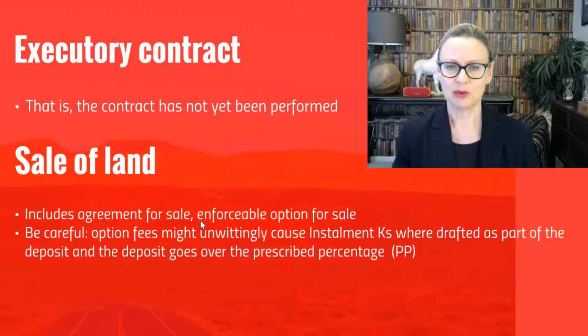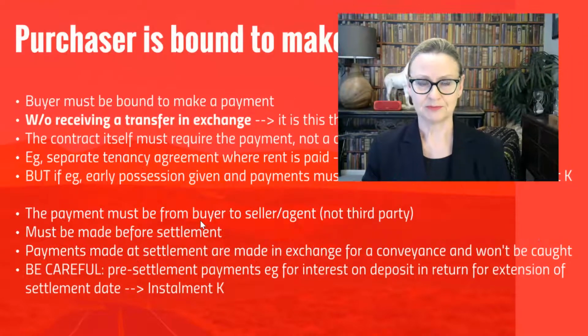So we'll talk about prescribed percentages in just a moment, but that's just a quick note on option agreements for you. So an executory contract for the sale of land can include option agreements as well.